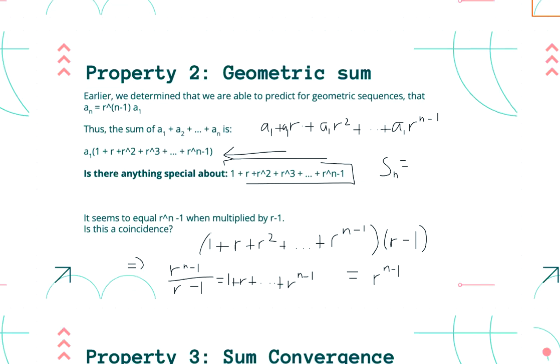So r to the power of n minus 1 divided by r minus 1, and all of that just multiplied by our first term, a1. So now we have a really, really nice formula for how we can do geometric sums.